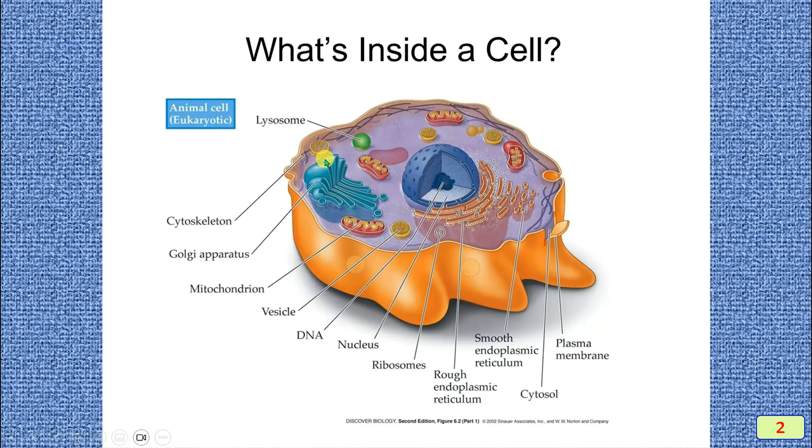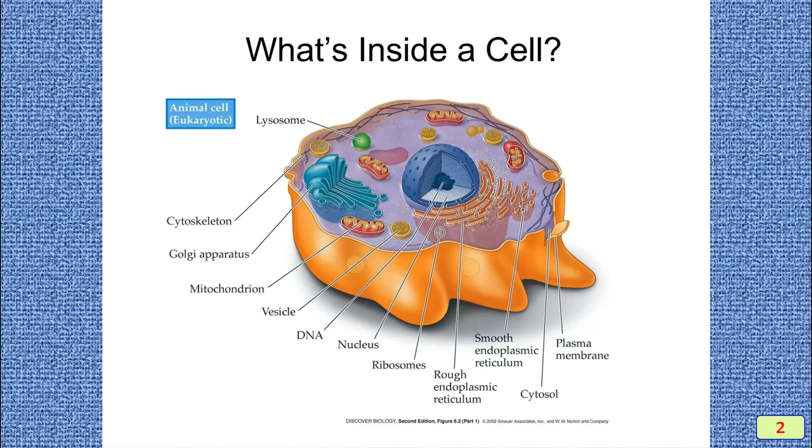Then there is a cytoskeleton, then Golgi apparatus, mitochondrion, then the vesicles are present, then DNA is present in the nucleolus, then nucleus, the integral part of the cell, then ribosomes are also parts, and RER, rough endoplasmic reticulum, and smooth endoplasmic reticulum, then outer plasma membrane and cytosol. These are all the important organelles which are present in an animal cell.